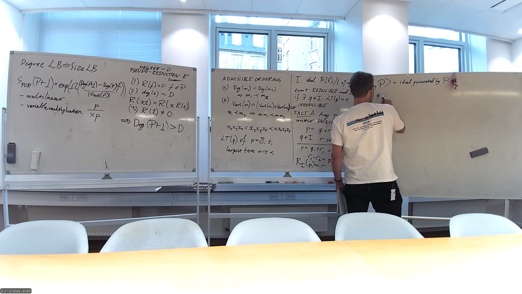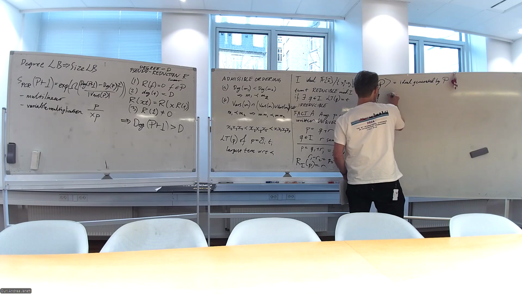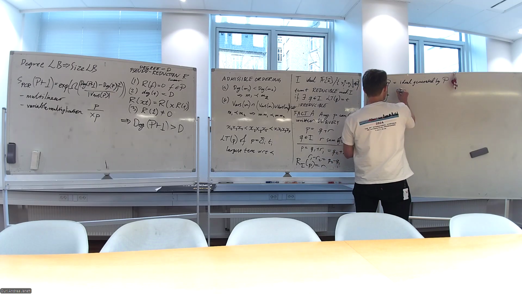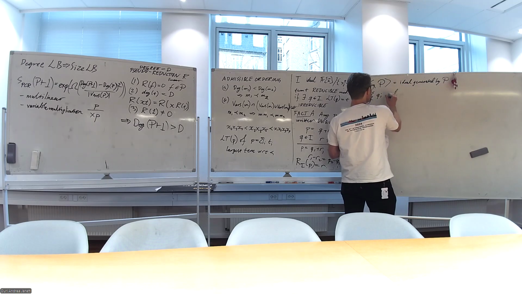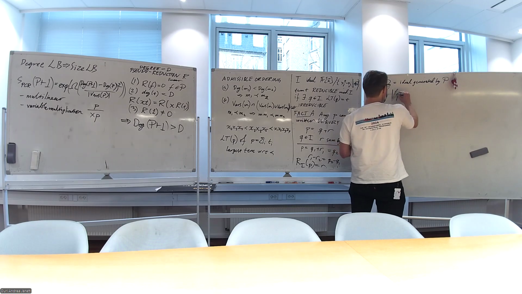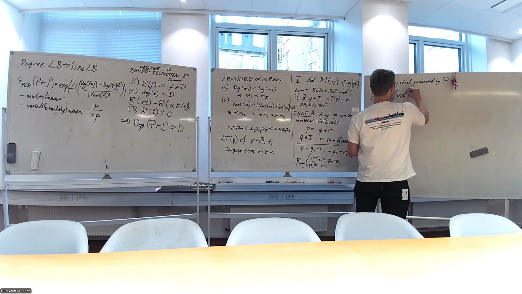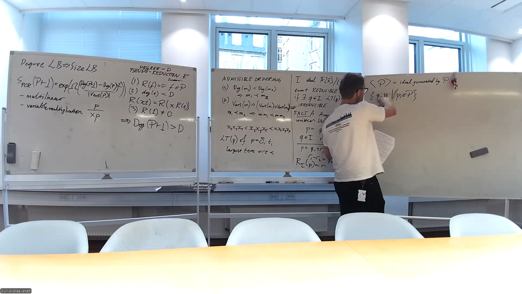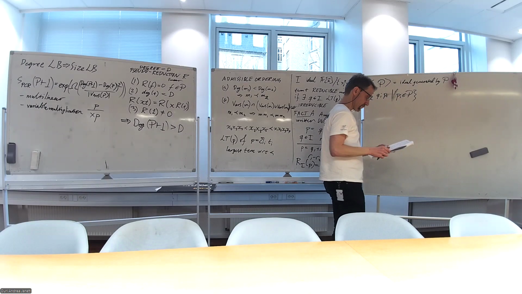That is all polynomials Q that can be written as the sum of Qi times Pi, for Qi being any polynomial and Pi in P. This is the ideal generated by the polynomials P.